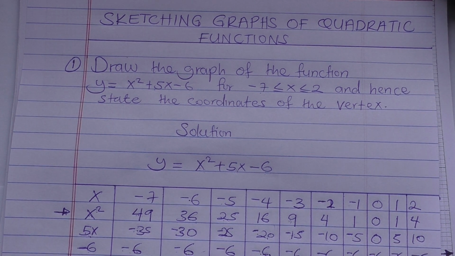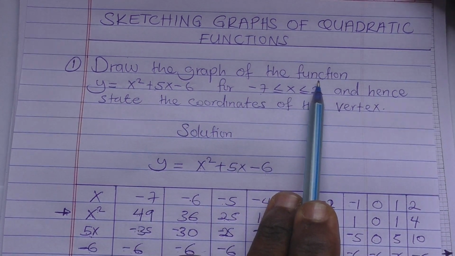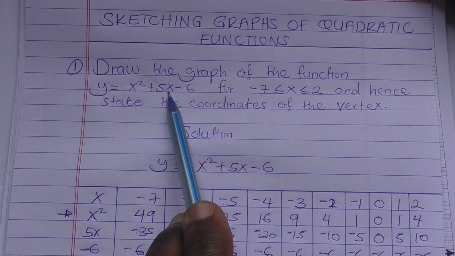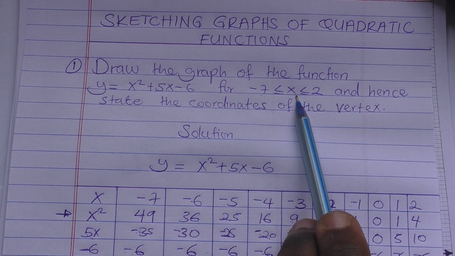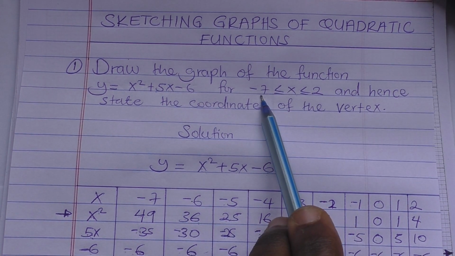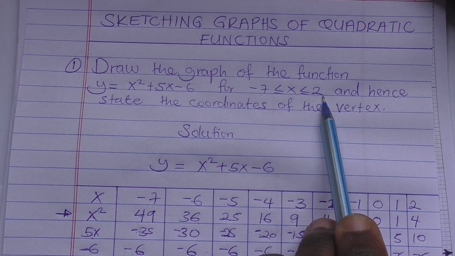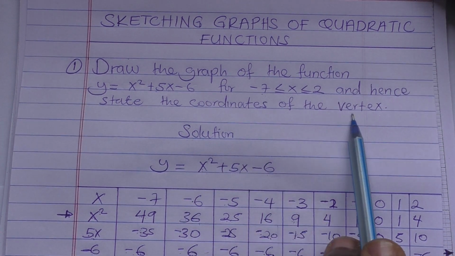Our first example requires us to draw the graph of the function y equals x squared plus 5x minus 6 for the range of x values from -7 to +2. And hence, they require us to state the coordinates of the vertex.